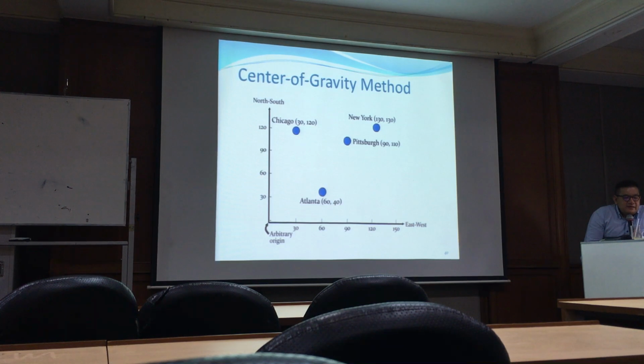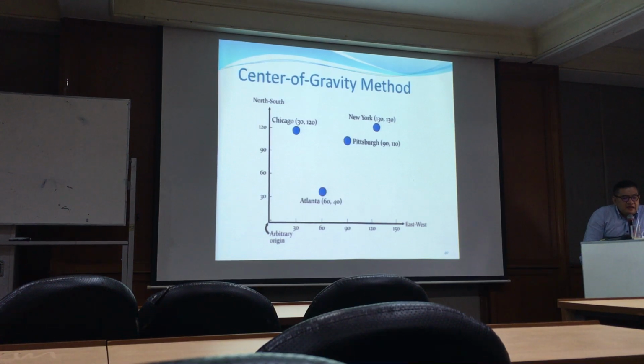I arbitrarily set up the axes, and based on the axes, I project to find the x and y coordinates for each destination. Okay, and Atlanta is 60, 40, Chicago 30, 20, something like that.